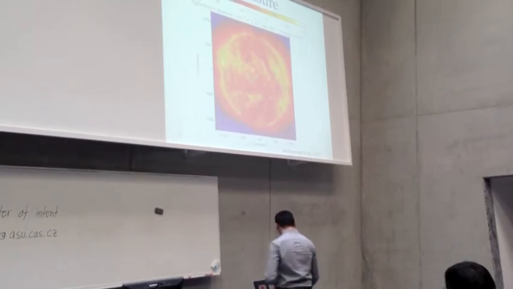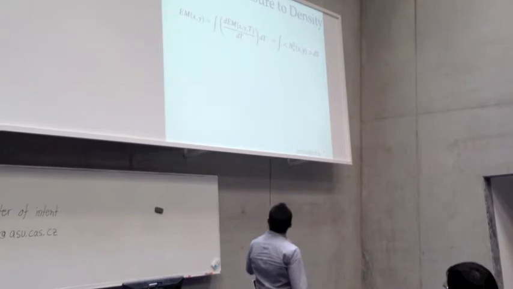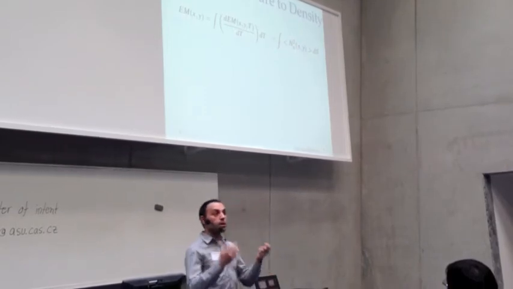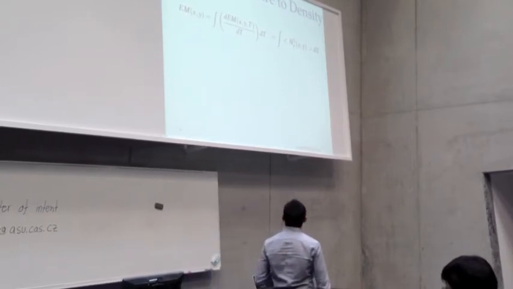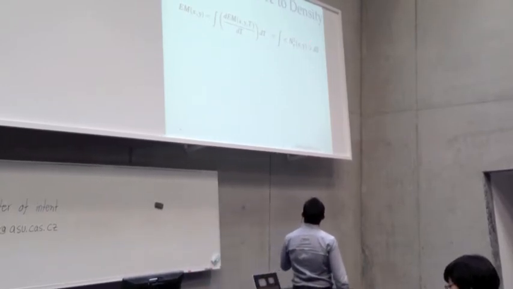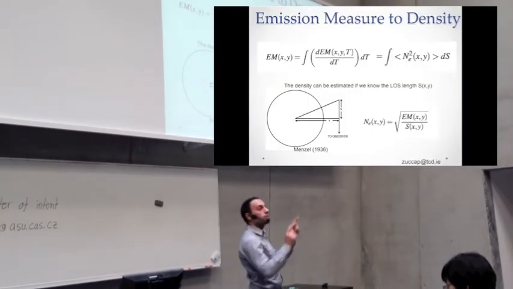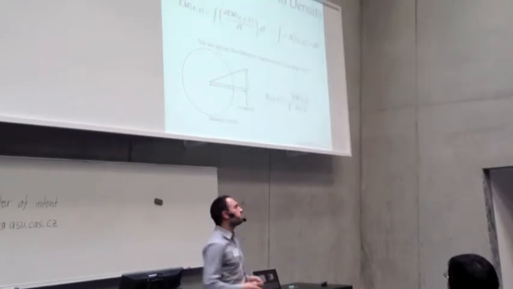The emission measure is an estimation of the amount of plasma that is emitting along that line of sight. If we estimate the line-of-sight length in which the plasma is emitting, then we can get an estimation of the density.